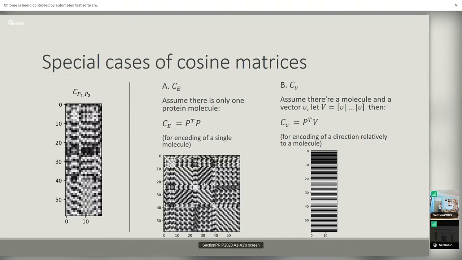Then we can take two identical polylines, and we will get a symmetric square matrix. And then we can have one polyline and a vector, and then we will replace the vector as much as we want, and also get a matrix like this.